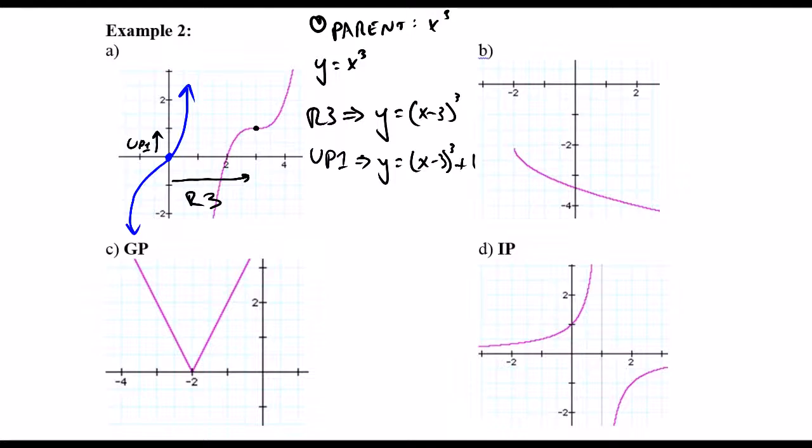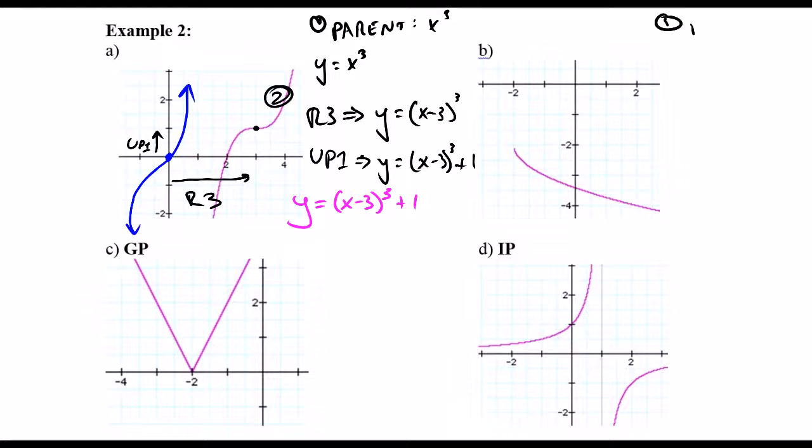So our purple graph's equation is y equals (x minus 3) cubed plus 1. Bada bing, bada boom, we're done. Step 1, find the parent graph. Step 2, find the shifts. It's the same thing every time. Alright, let's look over at B.